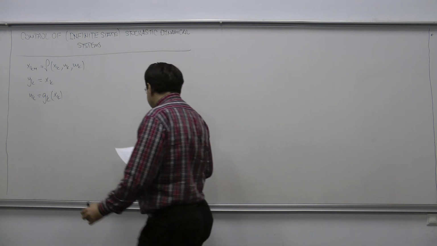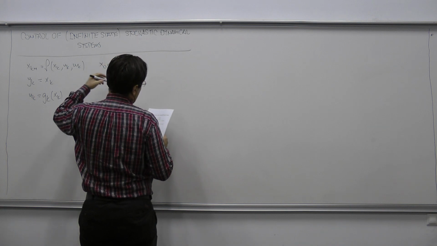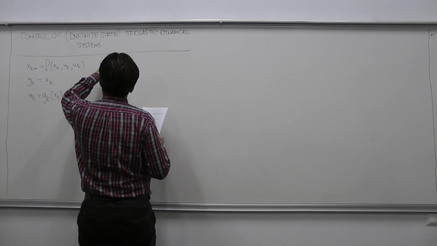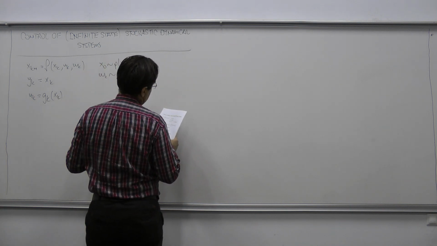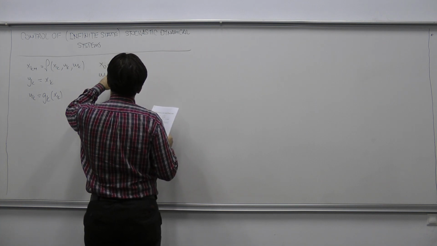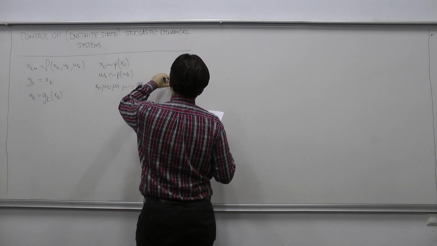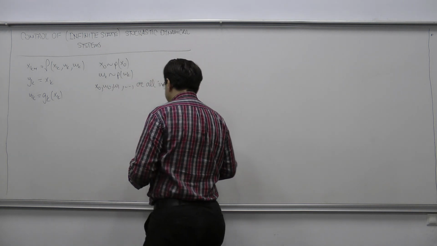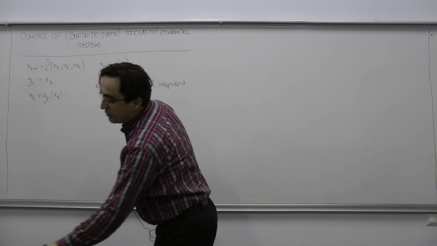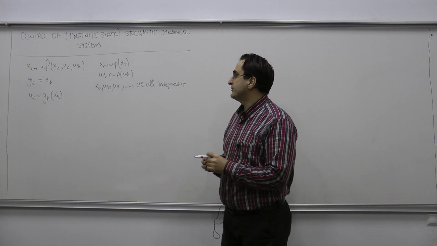All right? And here x_0 is distributed with p of x_0, and w_k is distributed with p of w_k, and we have our usual independence assumption, they are all independent.